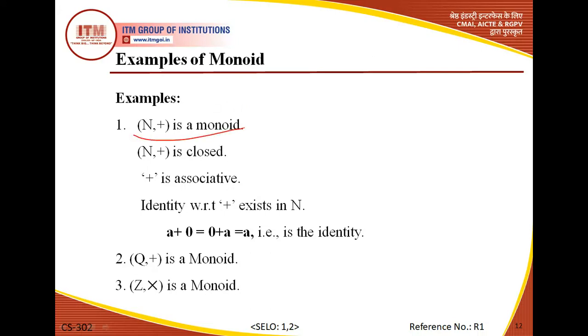What is N? N is the set of natural numbers. So natural numbers with respect to addition is a monoid? Obviously we have seen that this is closed, and we have also checked that addition satisfies associativity in N. And then let's see the identity element.